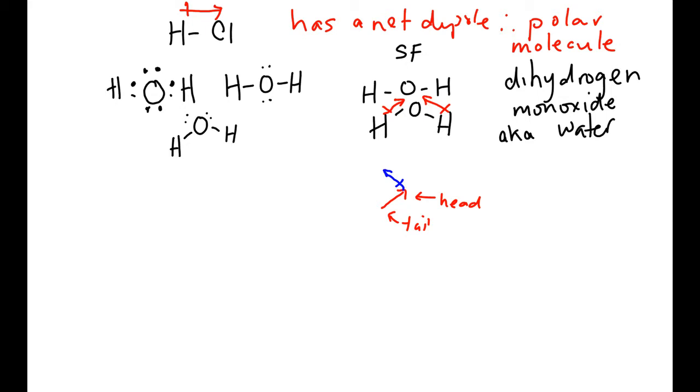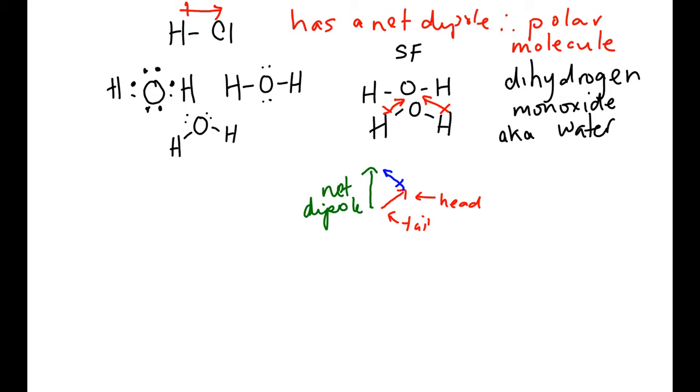Am I back where I started? No. So I have a net dipole. And your net dipole goes from the tail of your first one to the head of your last one. So here's my net dipole.